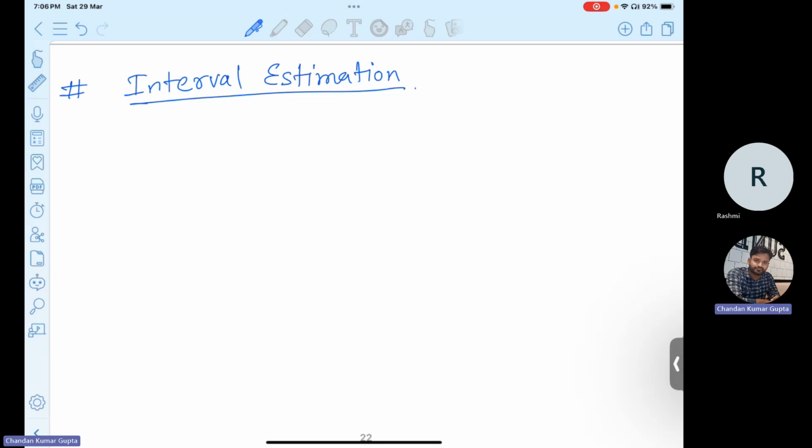Let me write. Suppose x bar is the sample mean of size n.